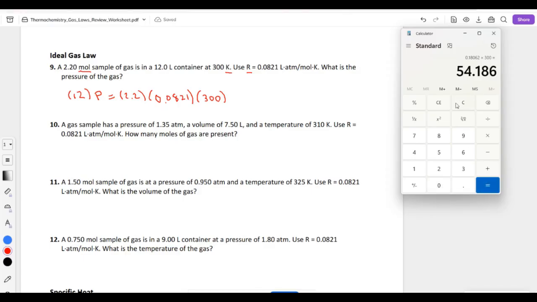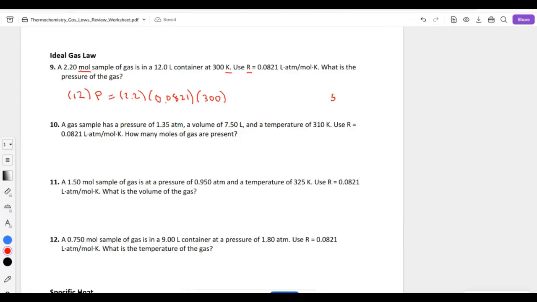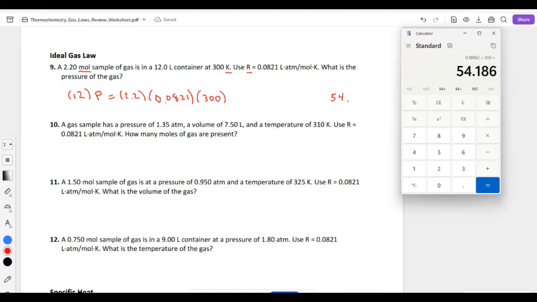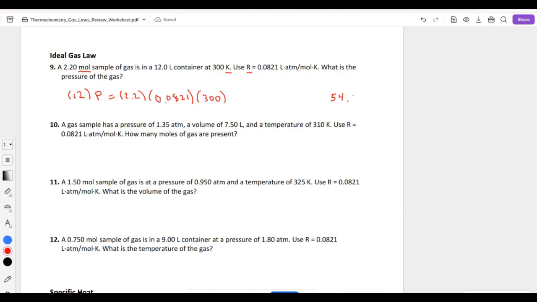All right, so we've got 54. Oh, no, it went away. Let's see what it was. 54.1 something. 186. 54.186. Don't really like that it goes away like that, but oh well.